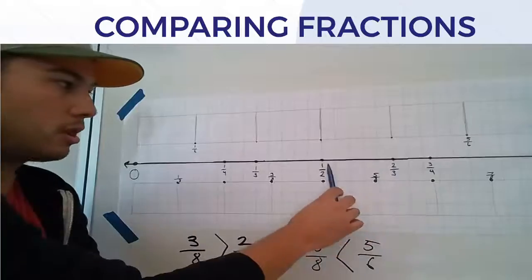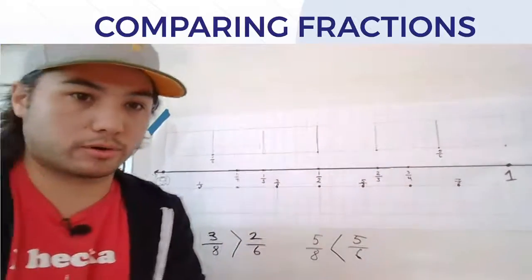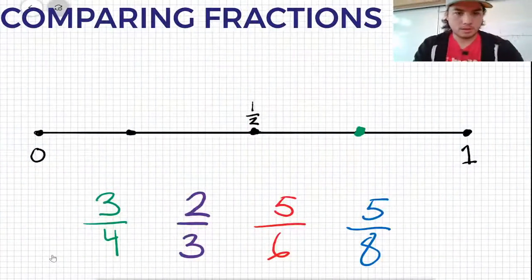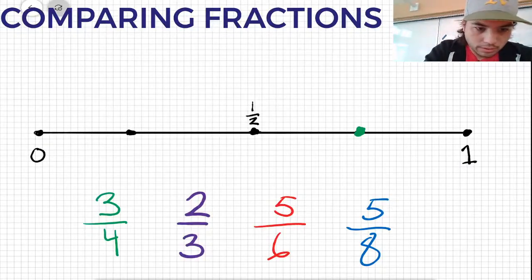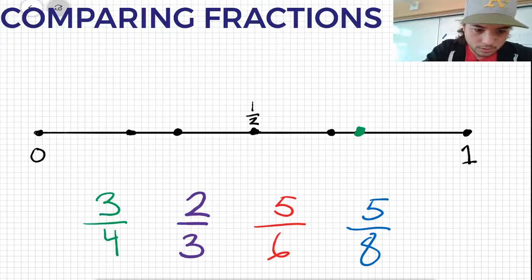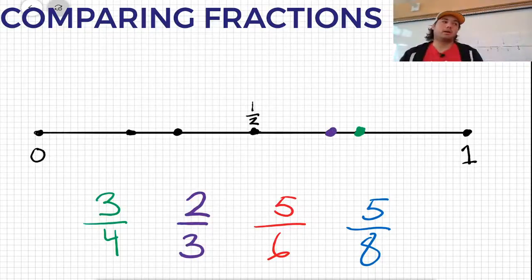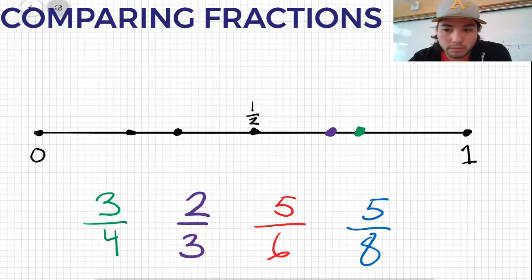And then 2/3 is closer to 1/2 than it is to 1. Let's try that on our whiteboard. 1/3 is going to be about right here, and then 2/3 is going to be about right here. And we can confirm, looking back at our number line on the board, that 3/4 is greater than 2/3.